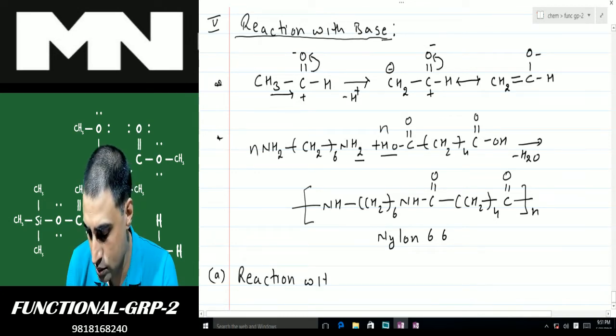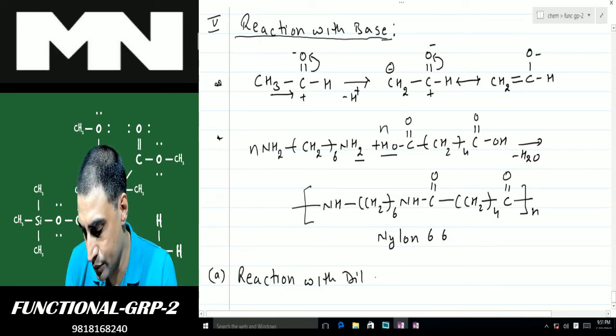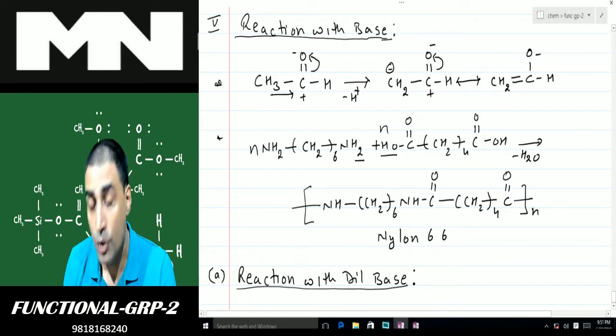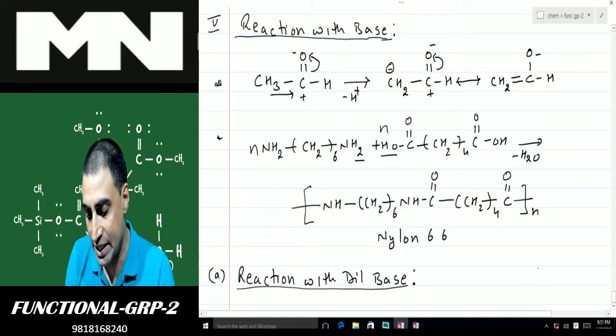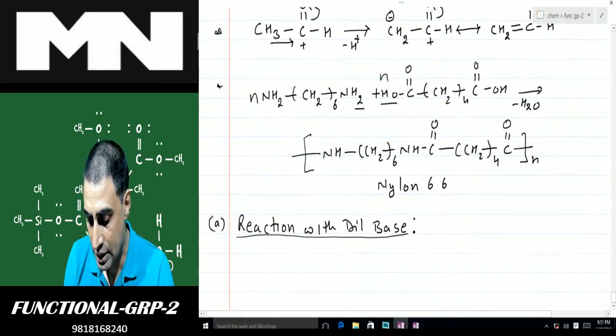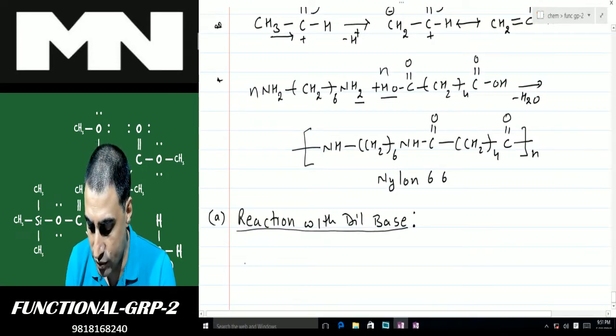with dilute base. When I'm saying reaction with dilute base, that means I'm talking about the acidic character of aldehyde and ketone. In this case, suppose I have got 2 moles of CH3CHO.